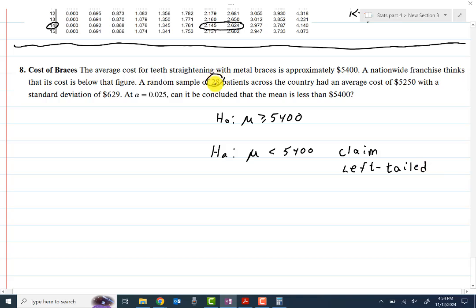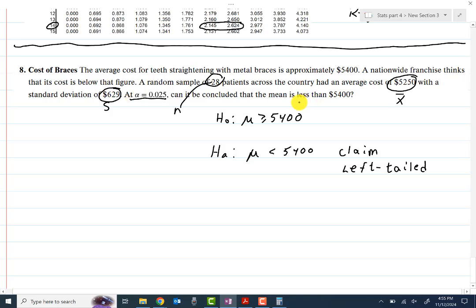All right, what else do we have here? A random sample of 28 patients, so that's n. The average cost, a random sample of 28 patients. So this here is our x bar, and the standard deviation here is our s. And we're testing at alpha equals 0.025.